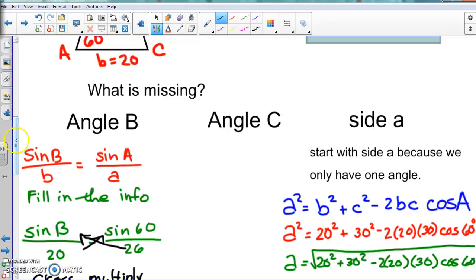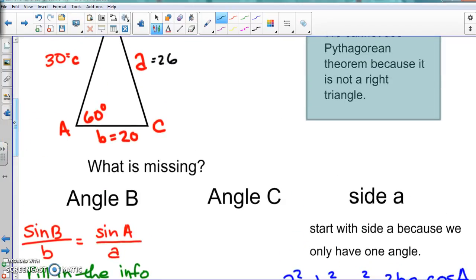Now the last thing is to figure out angle C. That one should always be the easiest because they gave you two angles and you just need to find the third. We know A plus B plus C equals 180. A is 60, and B we found was 42.